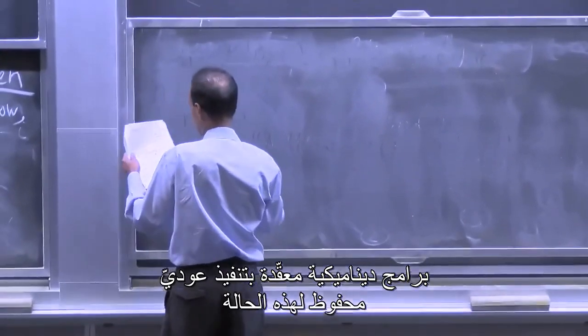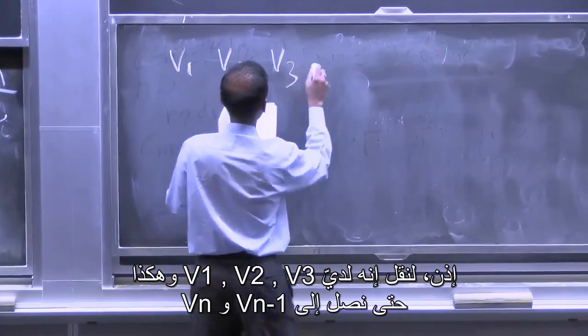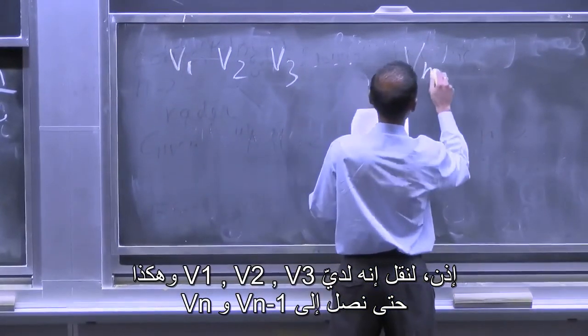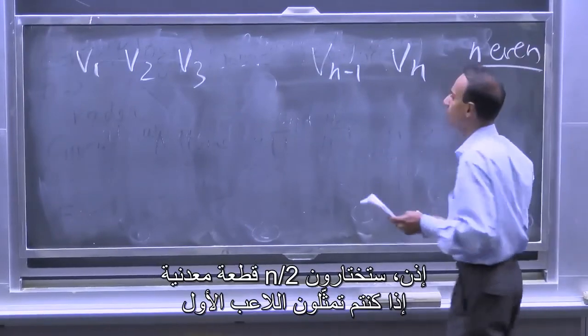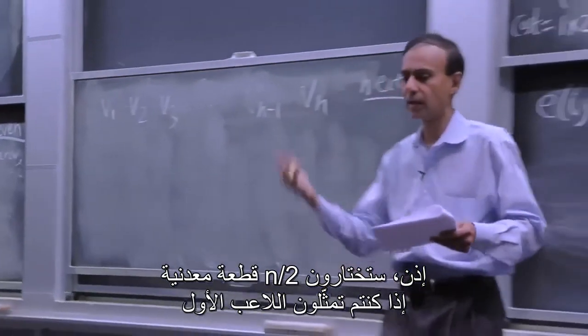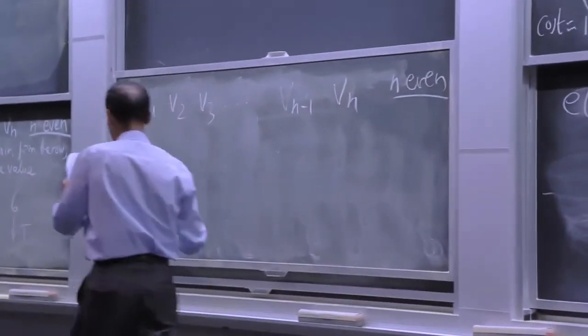For this case, let's say I have V1, V2, V3, all the way to Vn minus 1 and Vn. And remember, n is even. So you've got to pick n over 2 coins if you're the first player, and n over 2 if you're the second player.